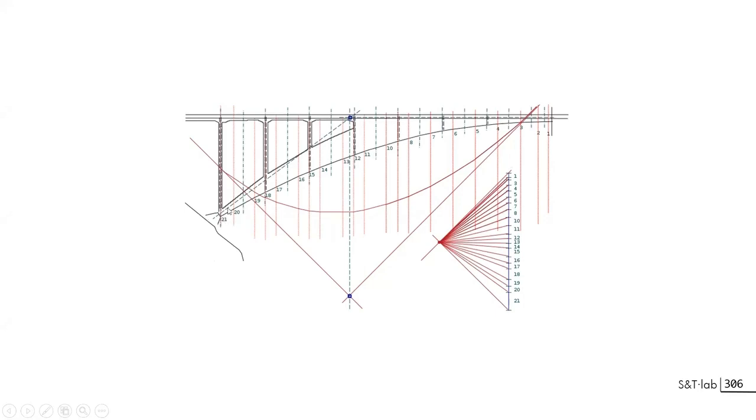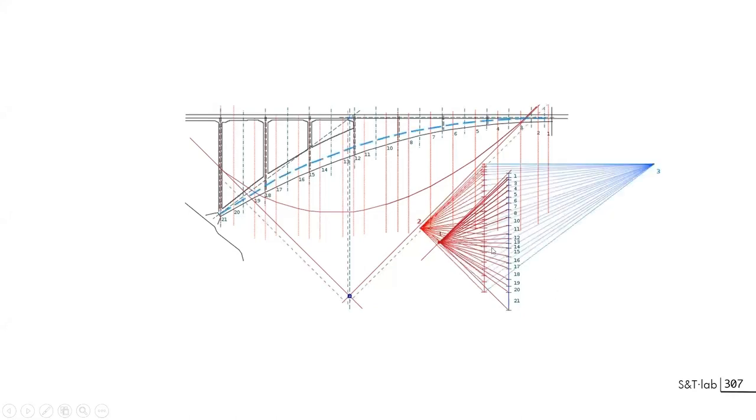But you also have the direction of the first ray, the tangent to the funicular polygon, which will explain what the thrust line will be all along the arch. So you keep this direction here and this direction here, and a new funicular polygon will appear. There are two polygons, since there is one considering only dead load and the other considering dead load and half of the live load.